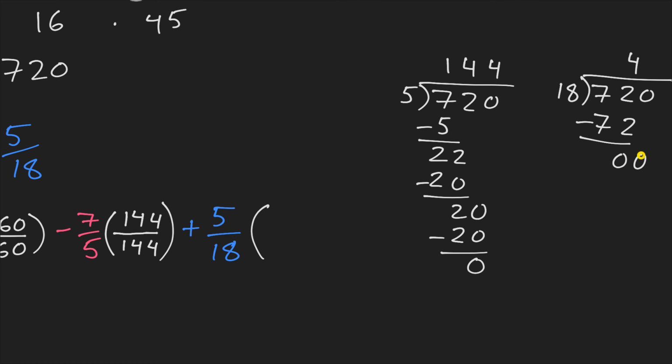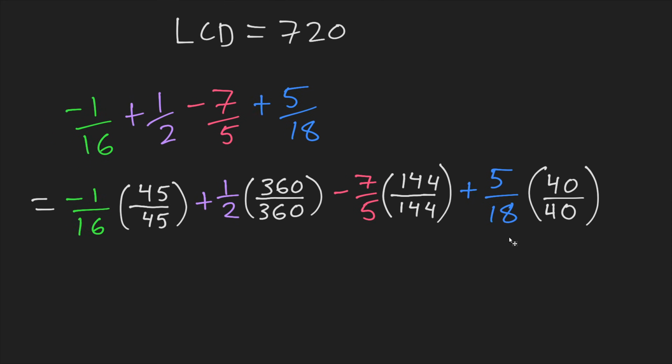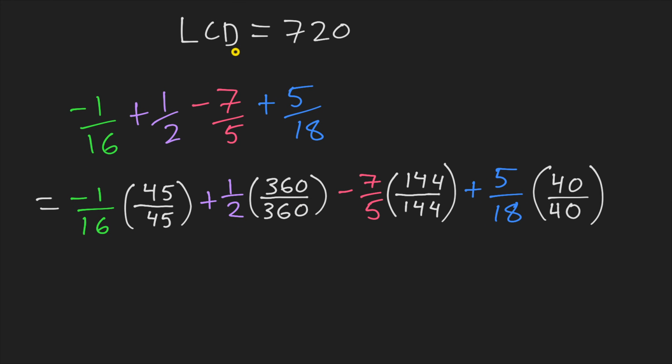Drop down the 0. 18 goes into 0 times. So you're going to have to multiply the numerator and the denominator by 40, because 18 times 40 gets you 720, and 720 is our least or lowest common denominator.